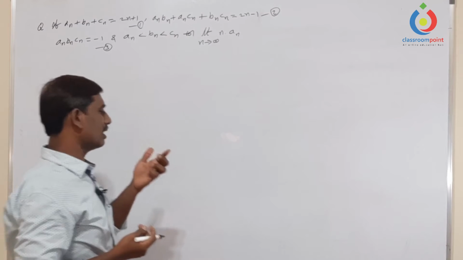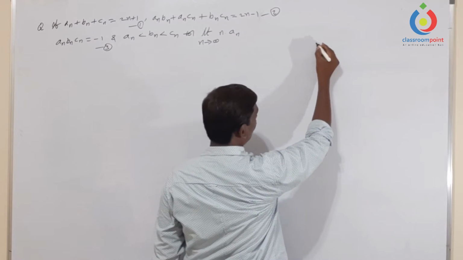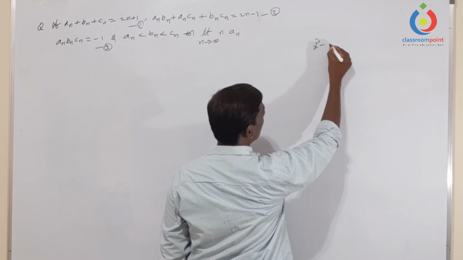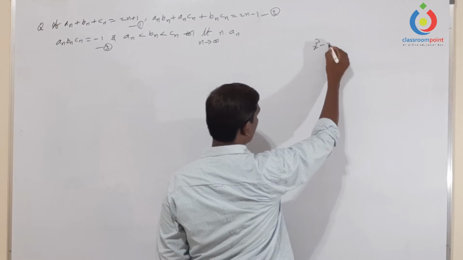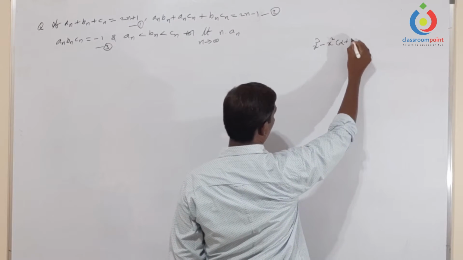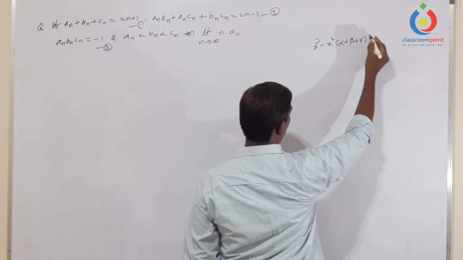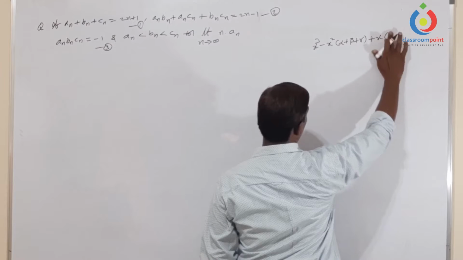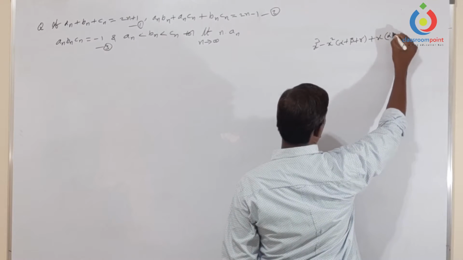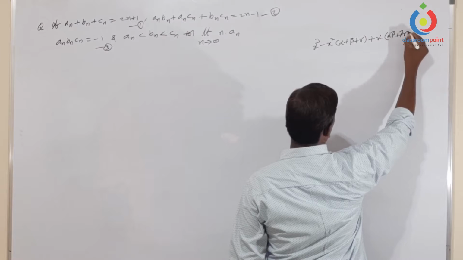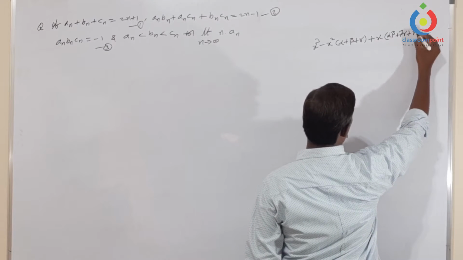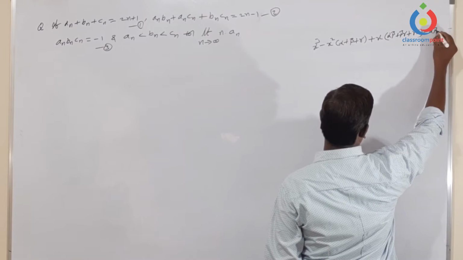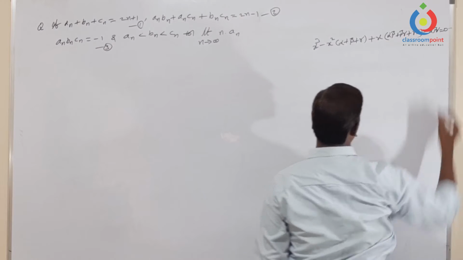Before that, we need some information. We have a cubic equation: x cube minus x square into (alpha plus beta plus gamma) plus x into S2, where S2 can be written as alpha beta plus beta gamma plus gamma alpha, minus the constant S3, alpha beta gamma, is equal to 0.